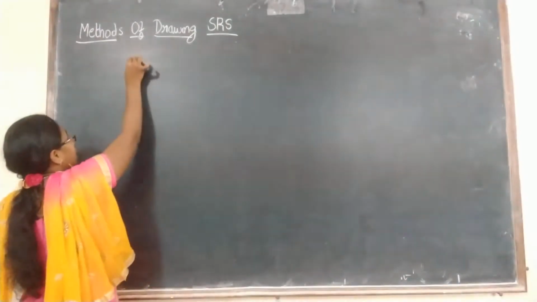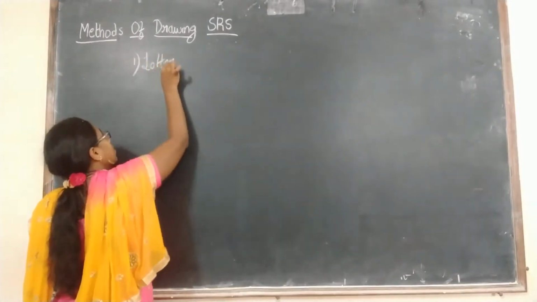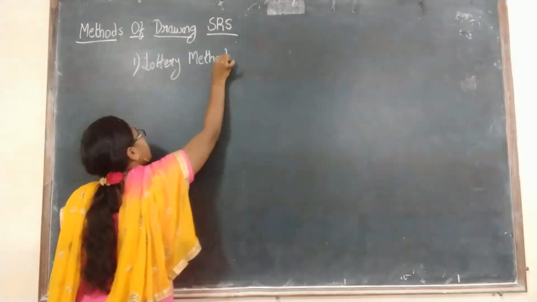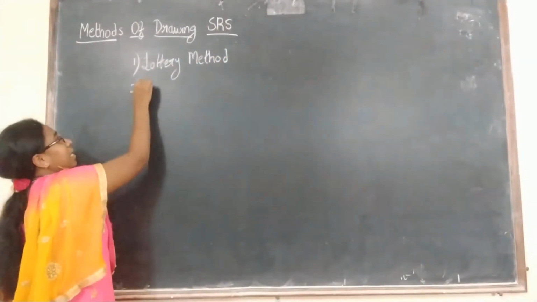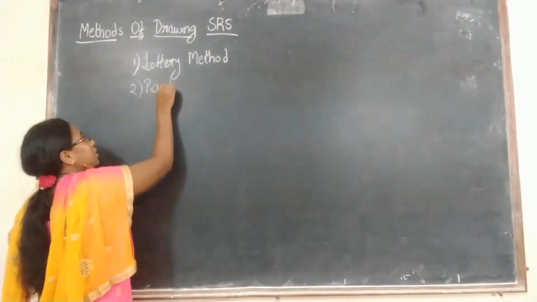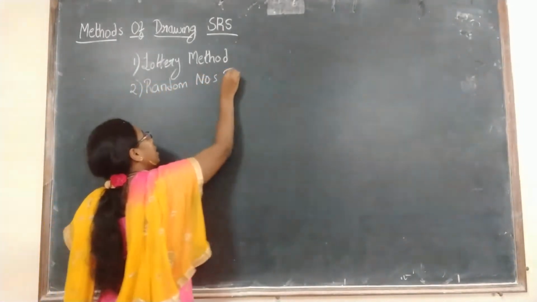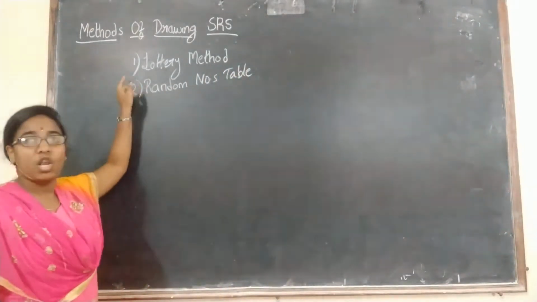The first is the lottery method and the second is the random numbers table method.